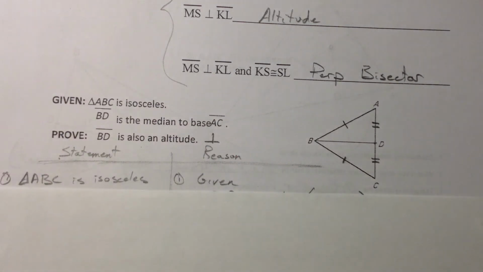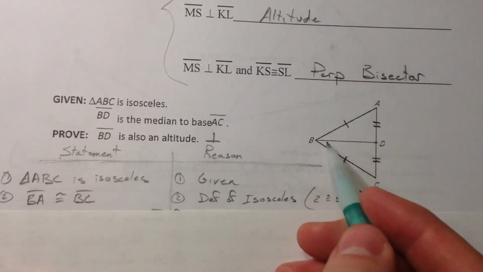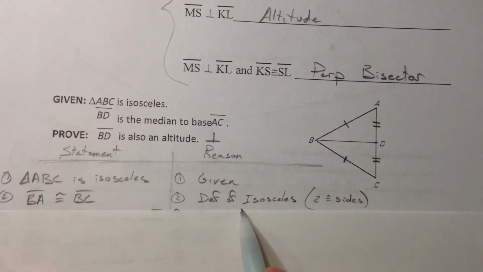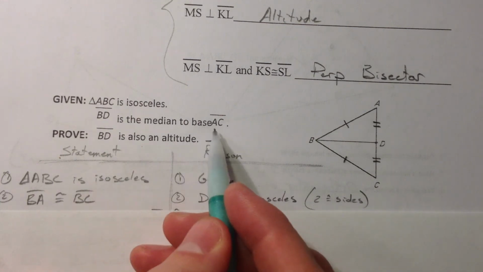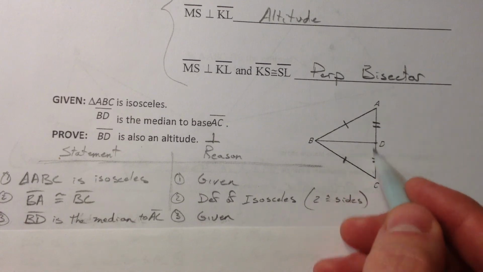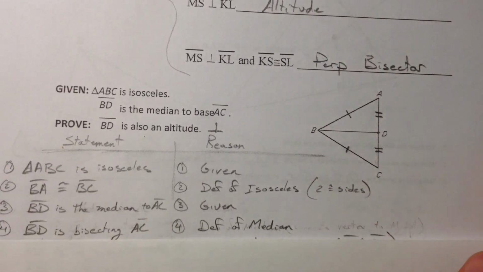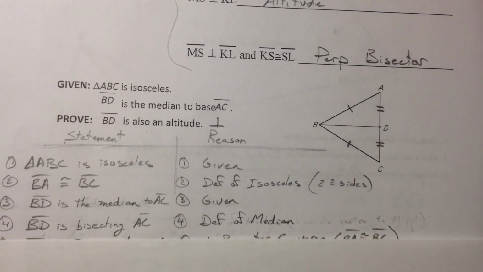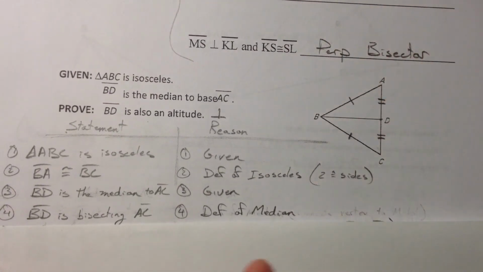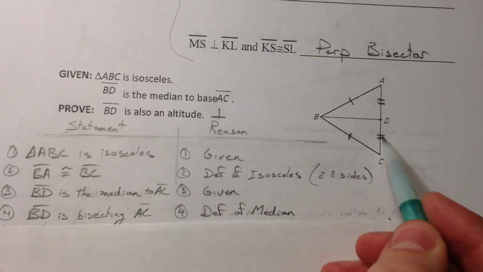So I've got, it's isosceles. So that tells me that those two sides are the same. That's what isosceles means. Then I know it's the median, and what does the median tell me? Well, median tells me that it cuts it in half, that it's also the bisector. And so there's a couple different ways you could go with it. I chose to say, well, it must be bisecting AC then, so that I know it's the bisector.